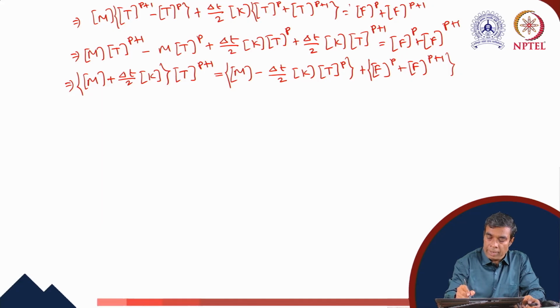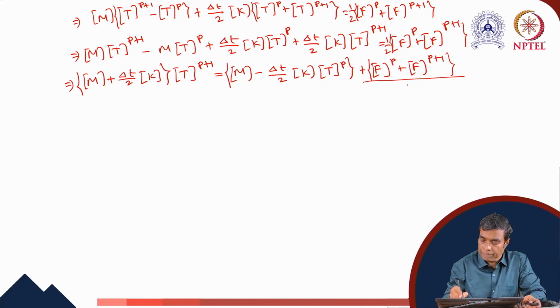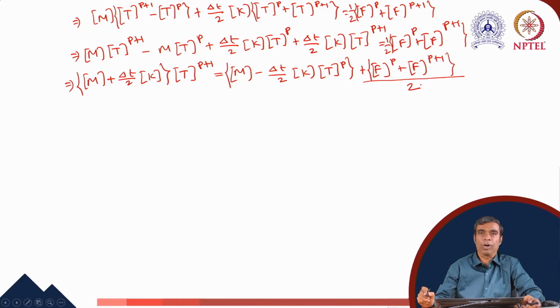So this will also be divided by 2. So this is associated with half. So this is divided by 2. So this is the final form of the Crank-Nicholson formulation.